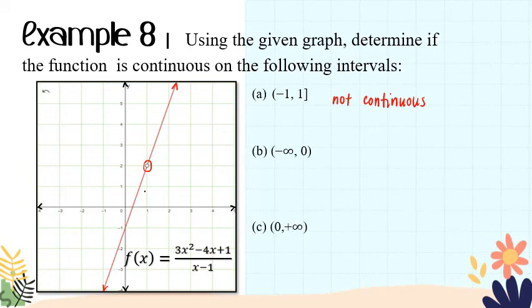Alright? Now next, let's have from -infinity going to 0. So from -infinity going to 0, there's no hole, there's no break, there's no jump, there's no vertical asymptote. So meaning to say the graph is continuous on that specific interval.